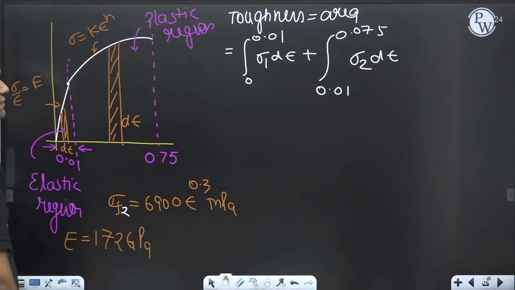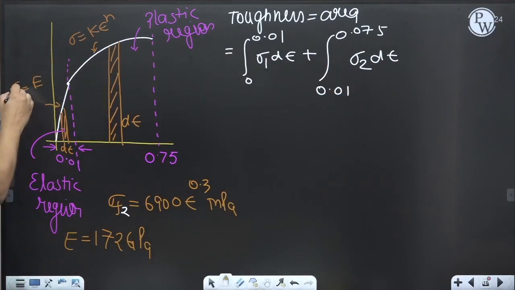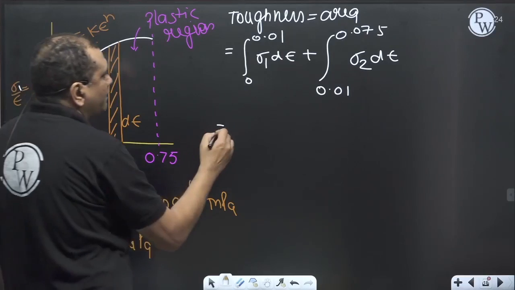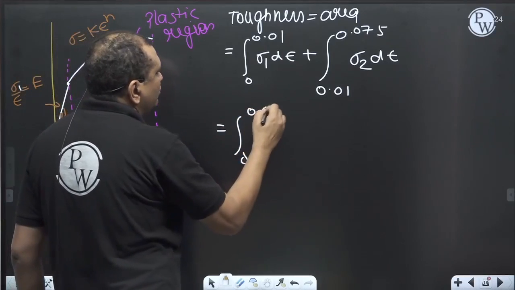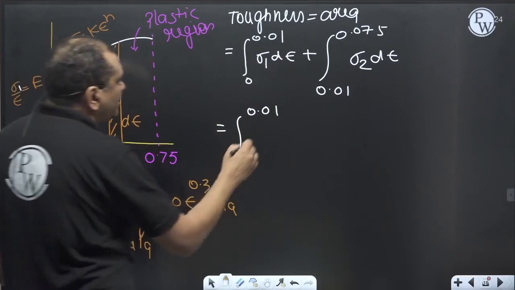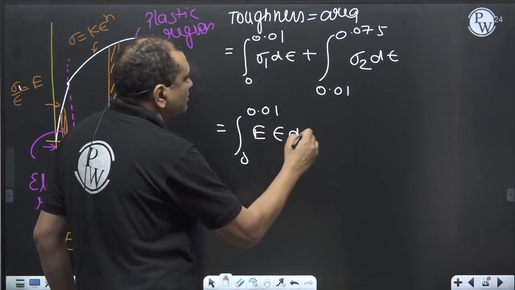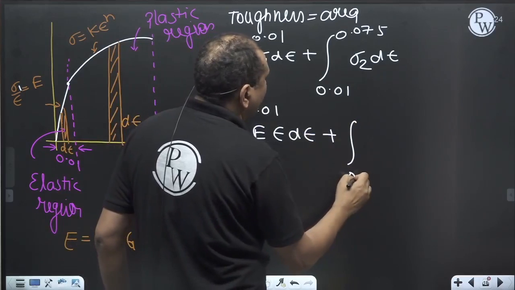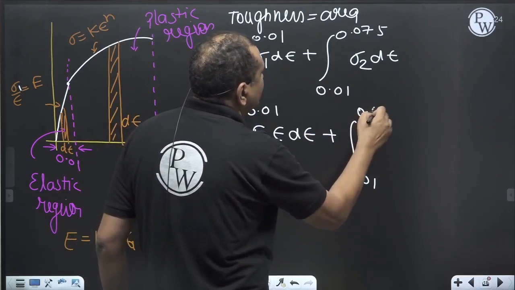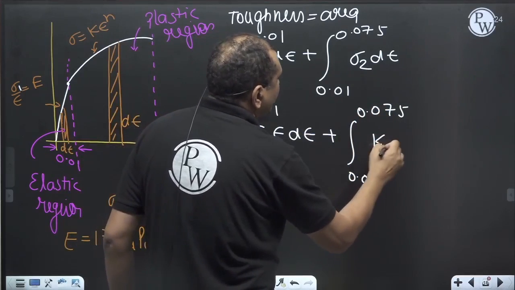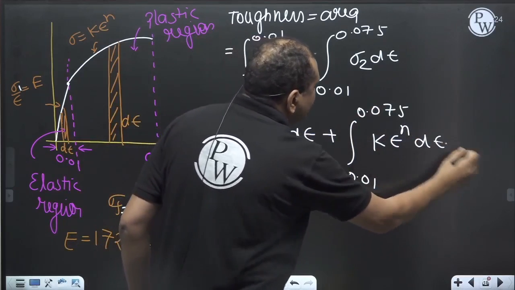This is sigma 1 and this is sigma 2. So from 0 to 0.01, sigma 1 is E into epsilon d epsilon, plus from 0.01 to 0.075, K epsilon raised to power n d epsilon.